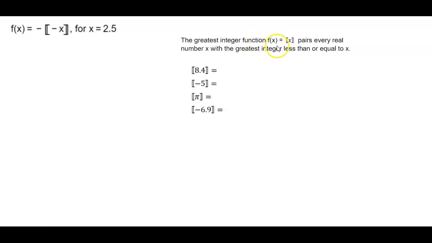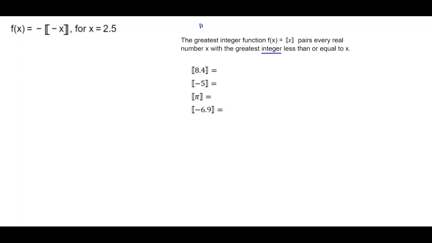The greatest integer function, as you can see here, pairs every real number with the greatest integer less than or equal to x. So the first thing we need to identify is, in this definition, what are the integers?